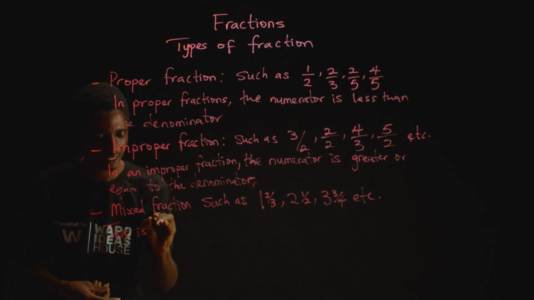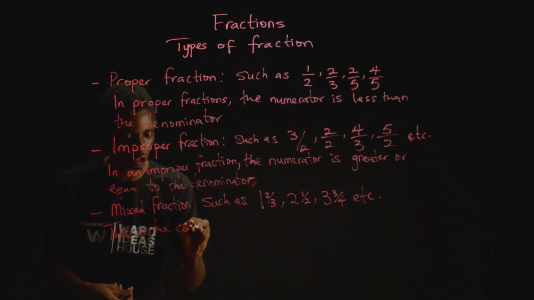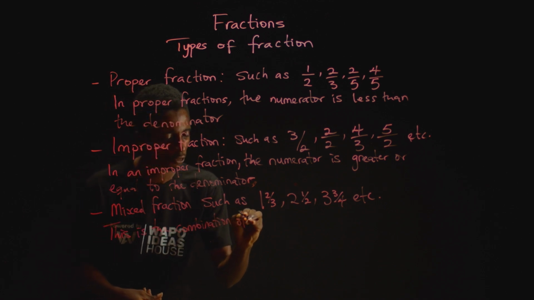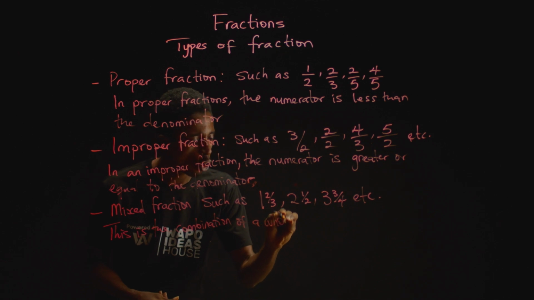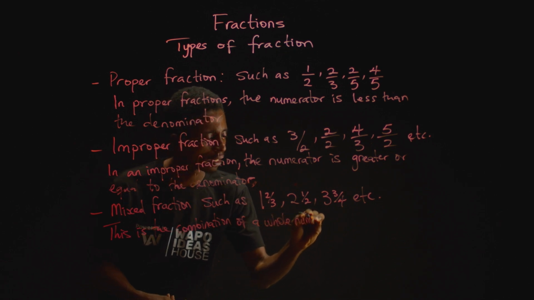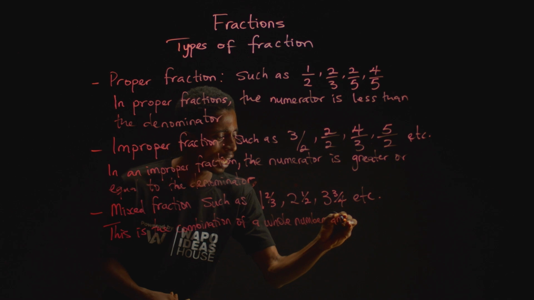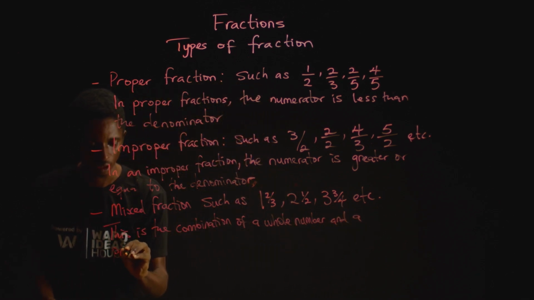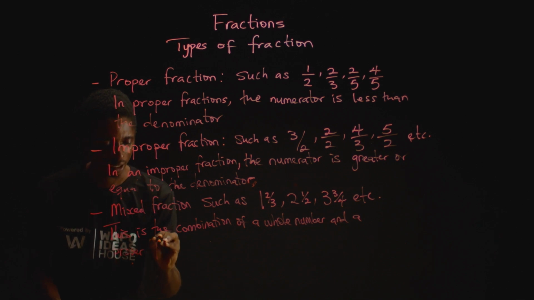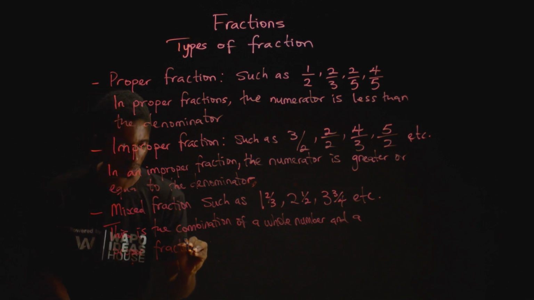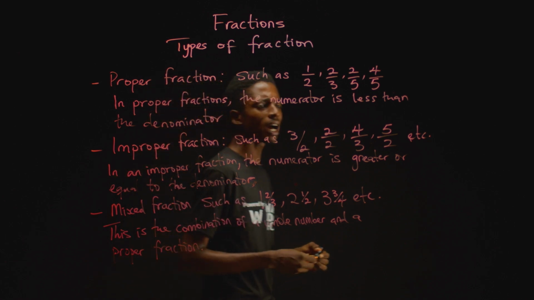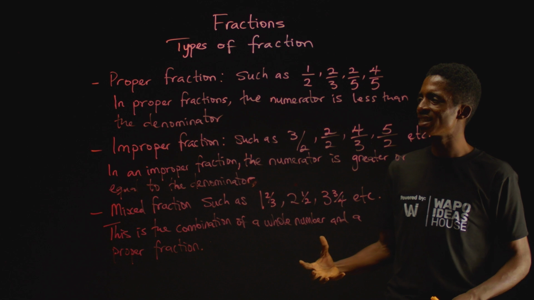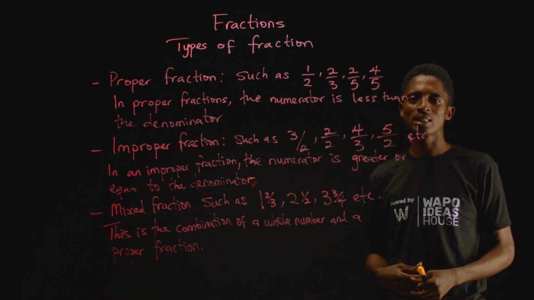This is the combination of a whole number and a proper fraction. So now when you come across a fraction, it is easy for you to identify what type of fraction it is.